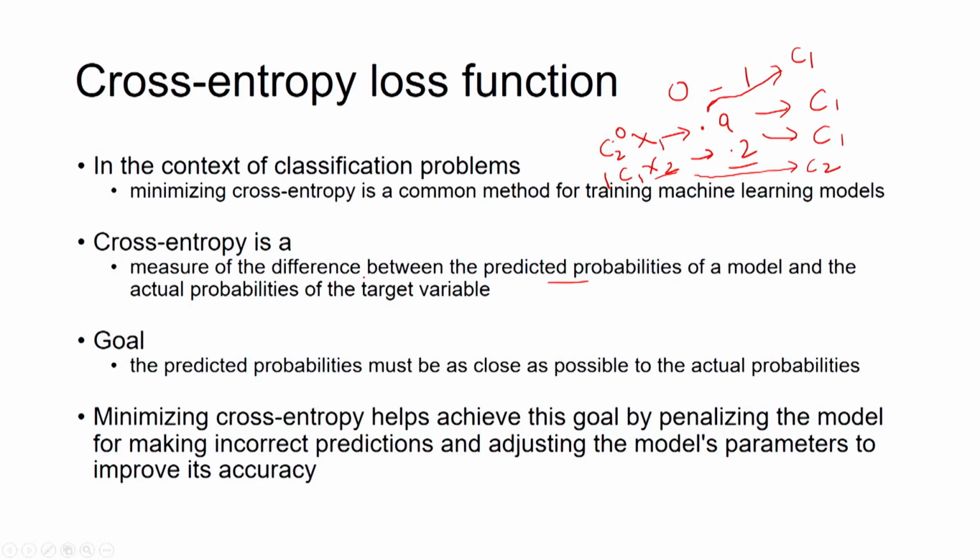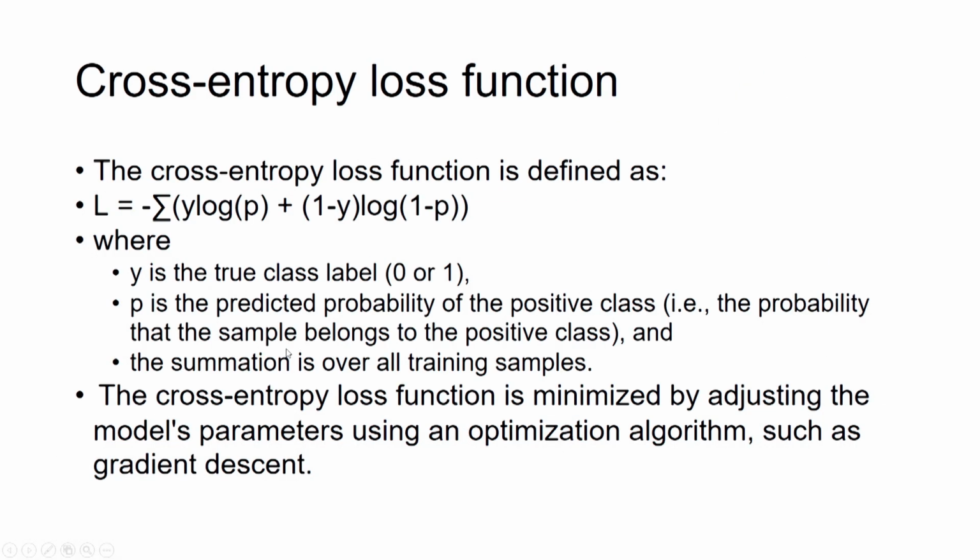So, a cross entropy function is defined on these two probabilities. It is defined like this: cross entropy loss function is summation over y log p plus 1 minus y log 1 minus p, where y is the true class label and p is the predicted probability of the positive class. So, this is binary classification.